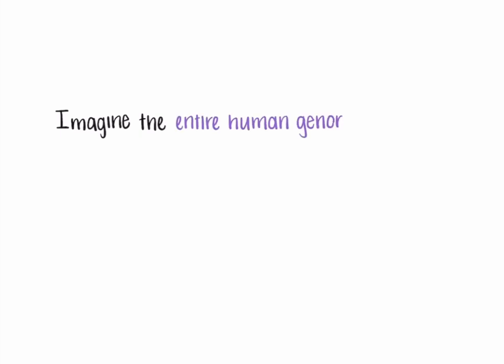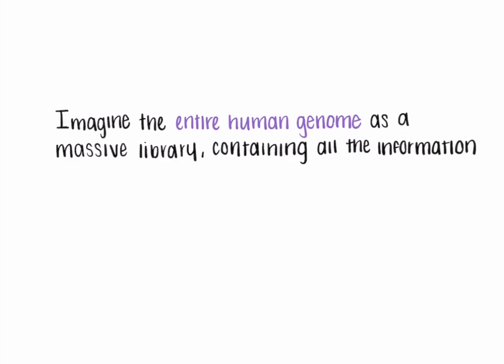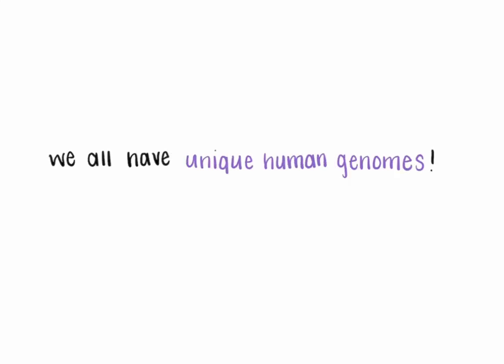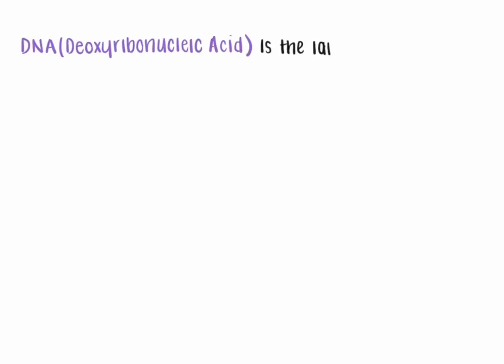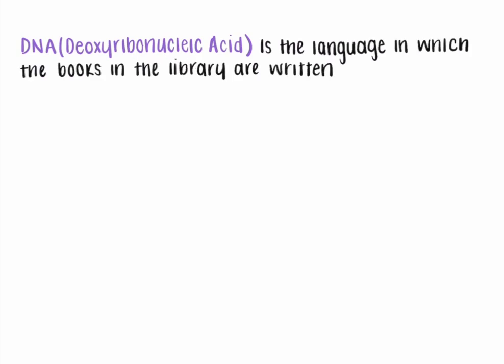Imagine the entire human genome as a massive library that contains all the information needed to build and maintain an organism such as a human. Every single person has a genome that is unique to them. Deoxyribonucleic acid, also known as DNA, is the language in which the books in the library are written.